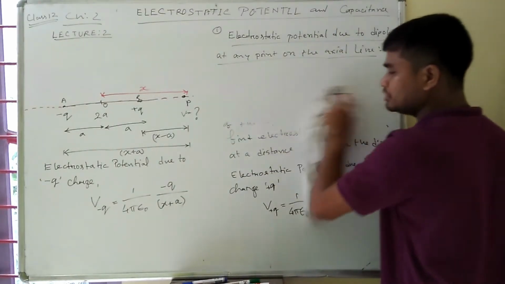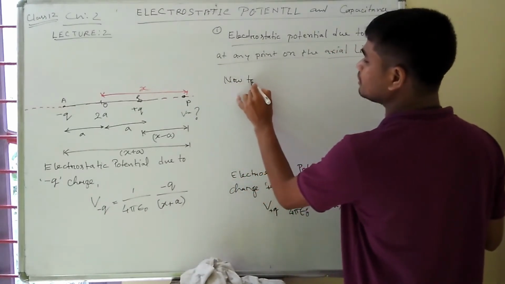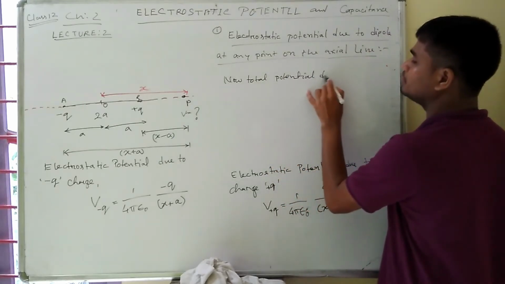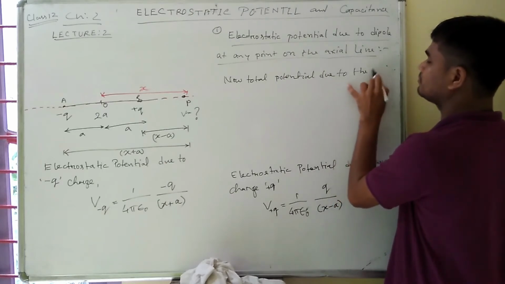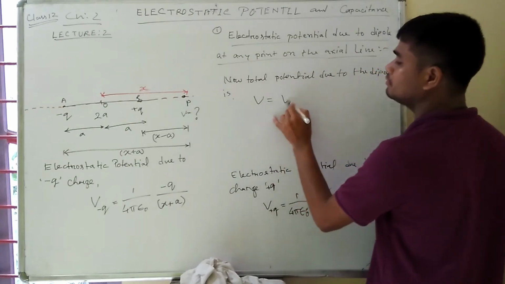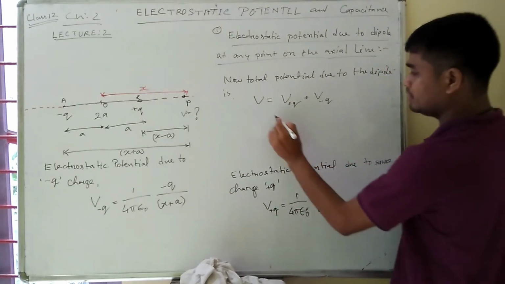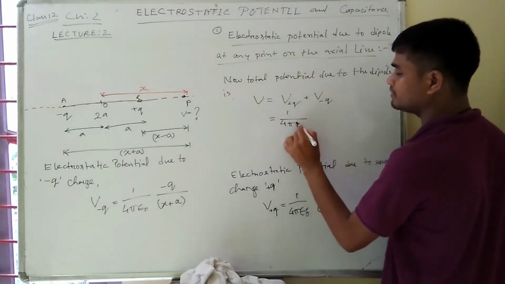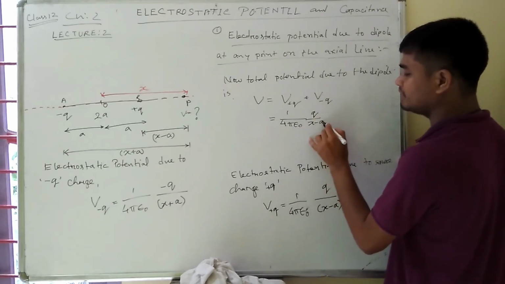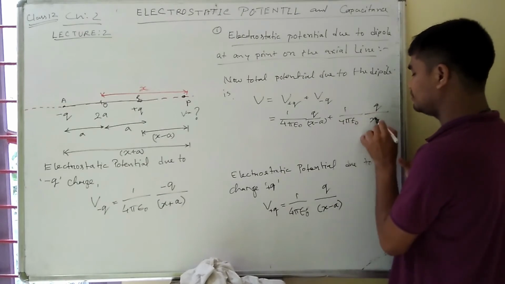Now the total potential due to the dipole is V equal to V due to plus Q plus V due to minus Q. Its value is 1 by 4 pi epsilon naught, Q by x minus a, plus 1 by 4 pi epsilon naught, Q by x plus a.